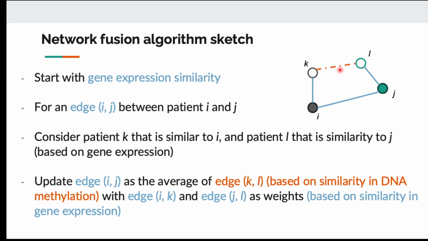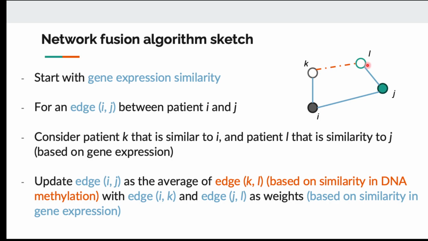Based on DNA methylation, I pick patient K that is similar to I, and that can be multiple patients, and L, there can also be multiple patients that are similar to J. If I pick K and L among this group, and I ask, are K and L similar based on DNA methylation? The orange edges here are based on DNA methylation.